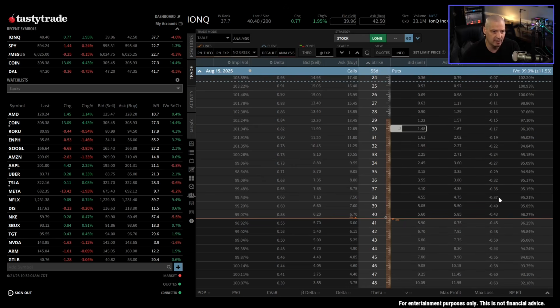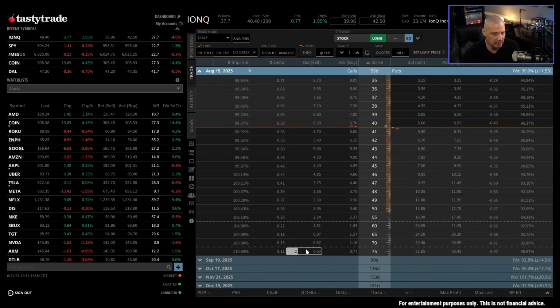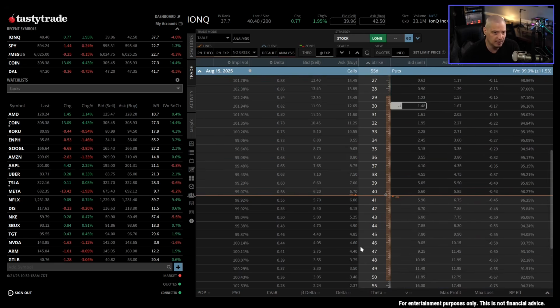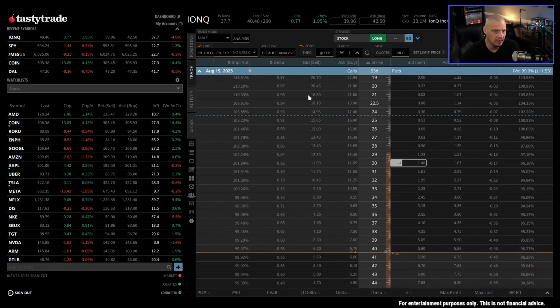So if we take a look at the out of the money puts here, going down toward the 10 delta puts, you can see implied volatility 100% here. If I go up to like a 10 delta call here, you can see the implied volatility is 110%, 10% higher implied volatility on the call side. Now that's why it has that call skew.